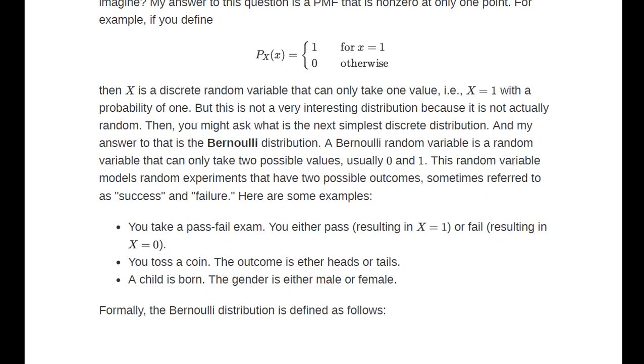Formally, the Bernoulli distribution is defined as follows.